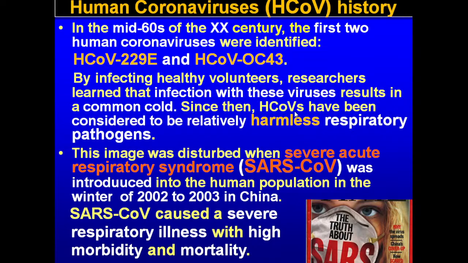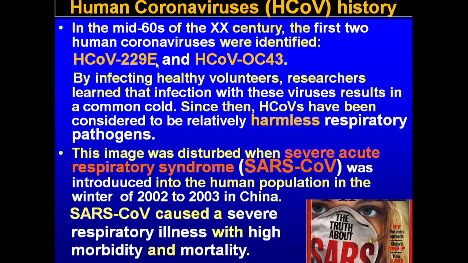Before that we knew some animal coronaviruses, and they were not studied much. But when the first human viruses were identified, they were given particular names. You can see the names. I am not going to pronounce them. It's not important.